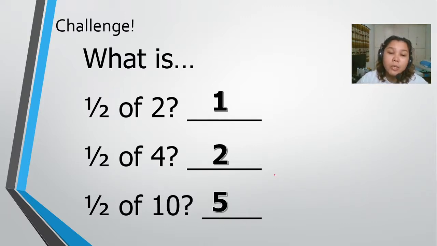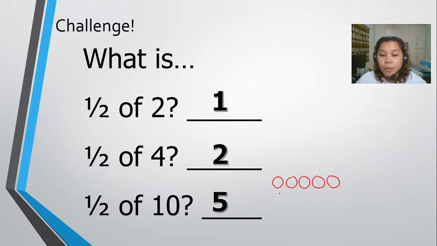Okay, paano ba yan nagagawa? So, for those who were not able to get this because there are no figures anymore, pwede man mag-drawing. So, kagaya ng sinabi ko noon, try to make your figures properly aligned. So, kung pwede by 2s or by 5s para makita niyo yung pagkakahati. So, this is 10. So, sabi ko kanina, decide if you're going to use vertical or horizontal line para makita yung 1/2.